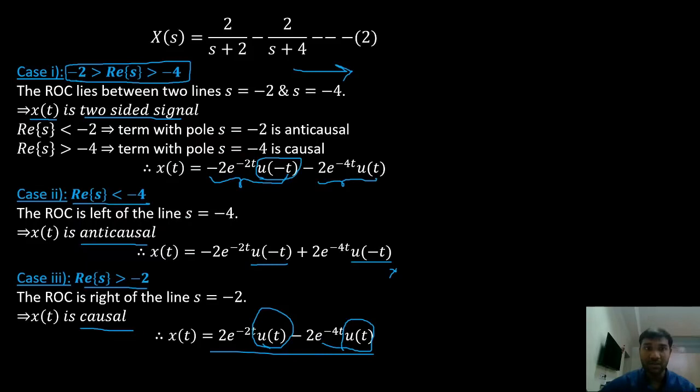If it's a left-sided signal, I'm going to apply a different Laplace transform pair, that is e power minus at u of minus t multiplied by a negative sign. If it's a right-sided signal, I'm going to use e power minus at into u of t as the Laplace transform pair. So that is how I will find the inverse Laplace transform.